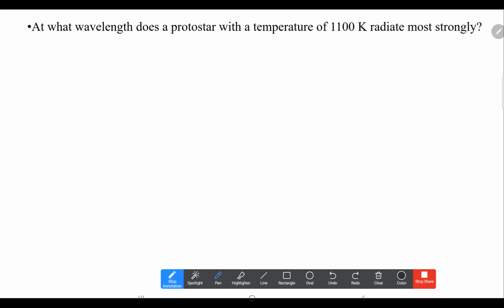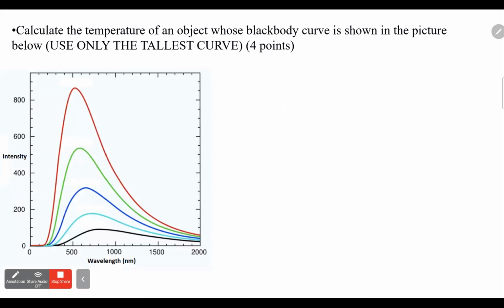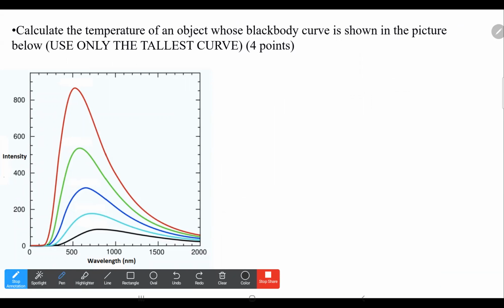So now let's go to another question. If wavelength is given, as we did before, we can calculate the temperature. So right now in this curve, we have to calculate the temperature of an object whose black body curve is as shown in the figure below.